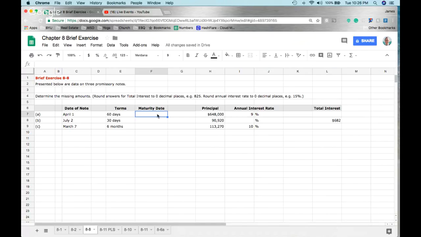Plus 60 days will be May 31st, maturity date for that one. July 2nd plus 30 days would actually be August. And March 7th plus 6 months, so we count from March to April, April to May, May to June, June to July, July to August, August to September, so September 7th.